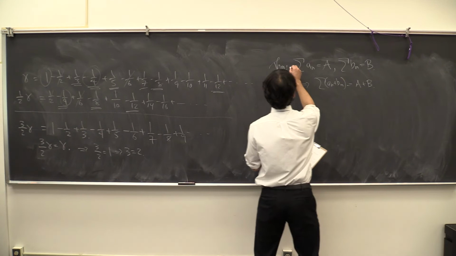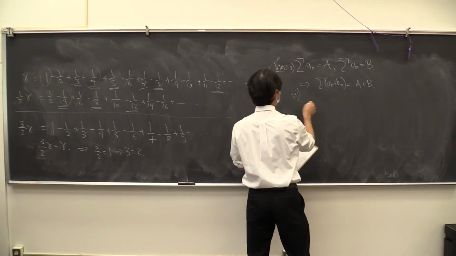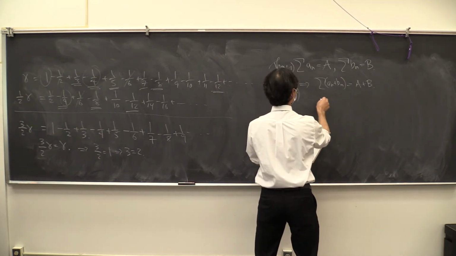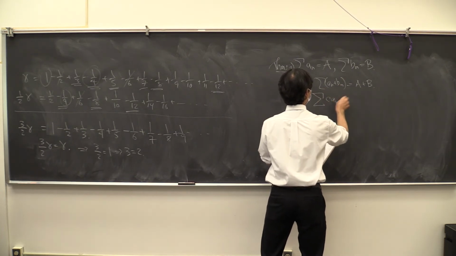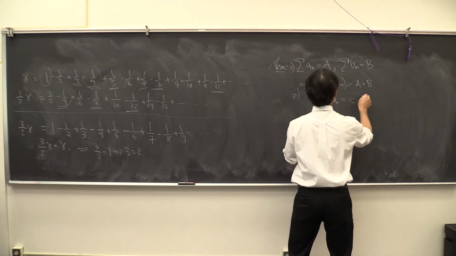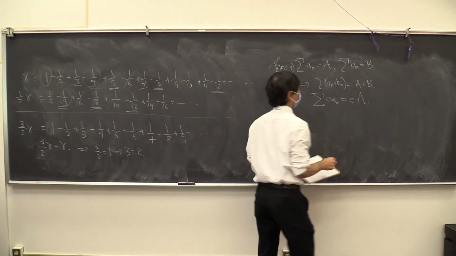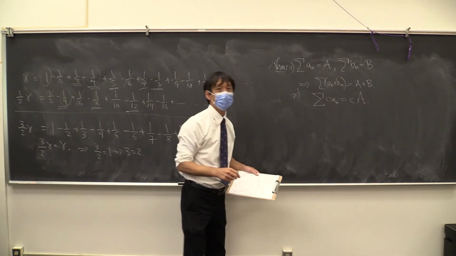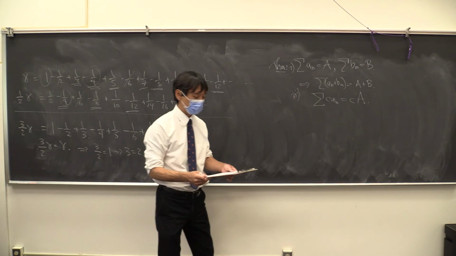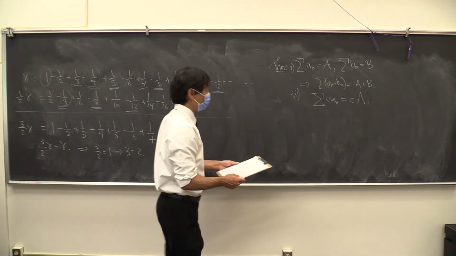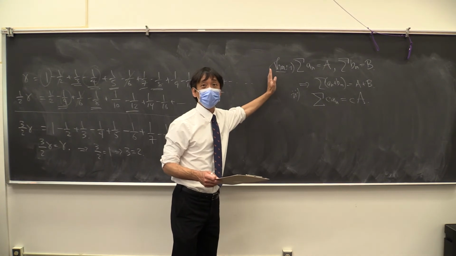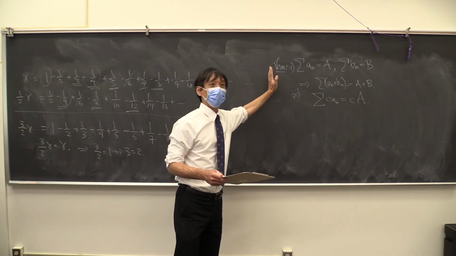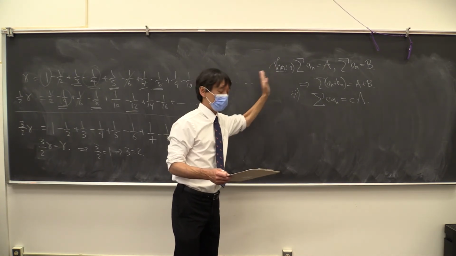Nor am I going to prove the theorem that I just mentioned, that the sum of c a_n is going to be c times A. I'm going to leave those to you. Those are true for any convergent series. It doesn't have to be absolutely convergent. Any convergent series will do that.